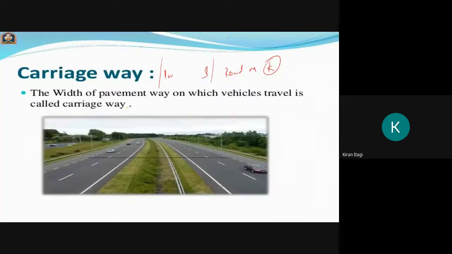Figure, yeah, here we can see this portion. This portion we call a shoulder. This is nothing but from here to here. If I clear, from here to here this is a carriageway, and this one is nothing but the shoulders.